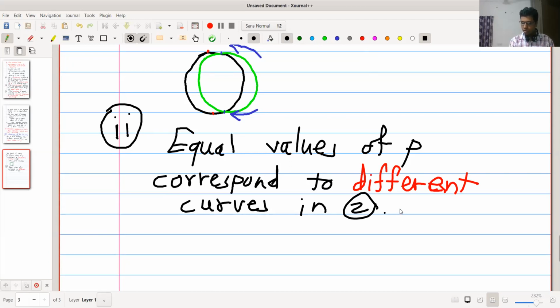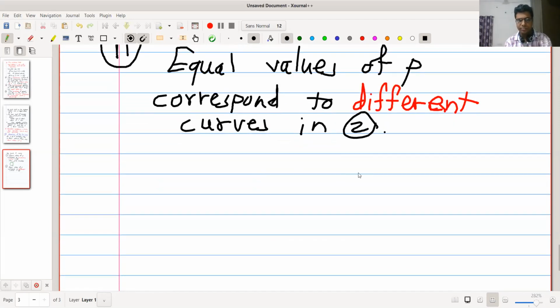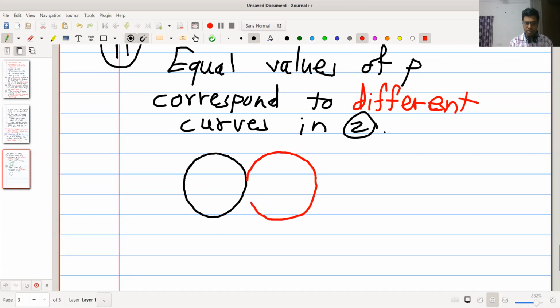So this can be explained using figure. We have this as our first curve and another curve is touching to this curve. Both these curves are from family of general solutions 2. So this is point of intersection.